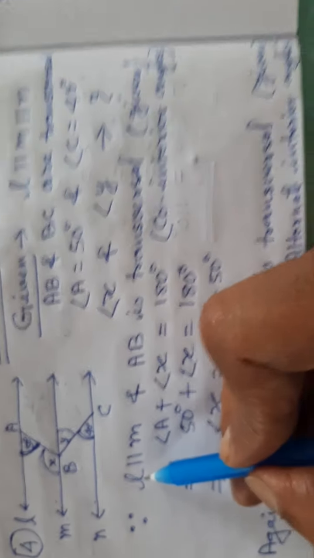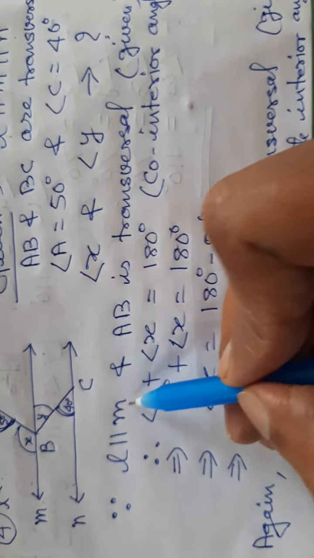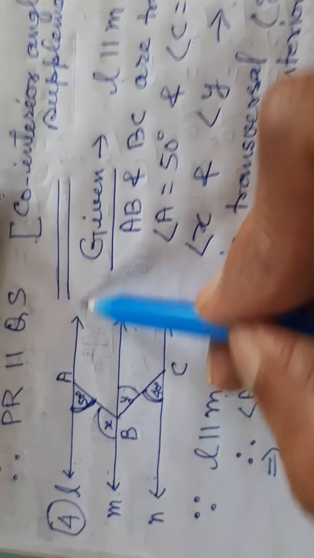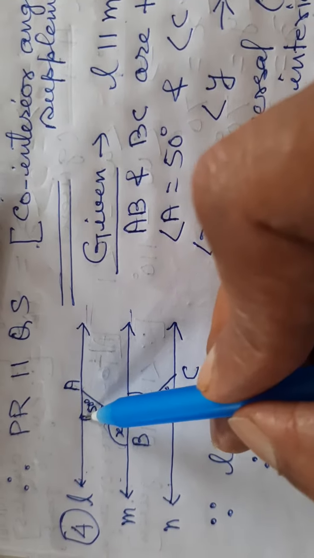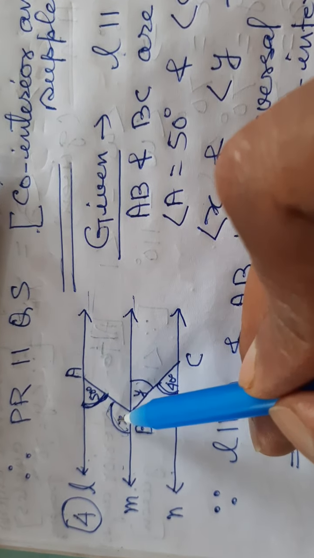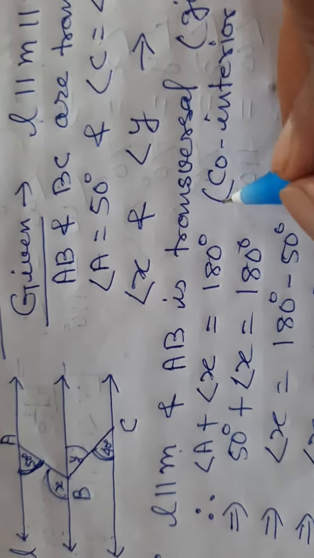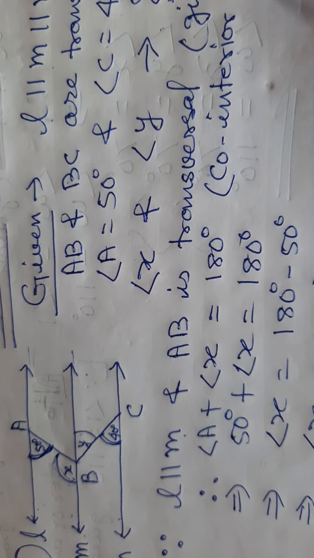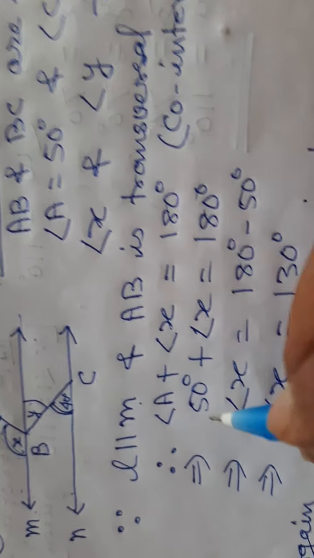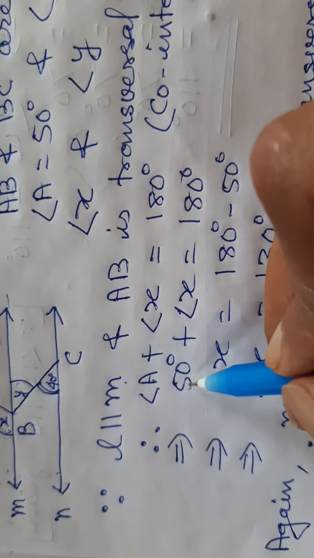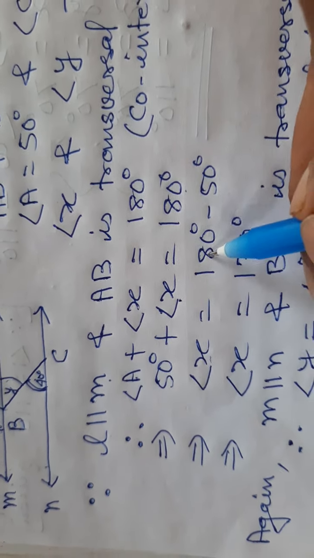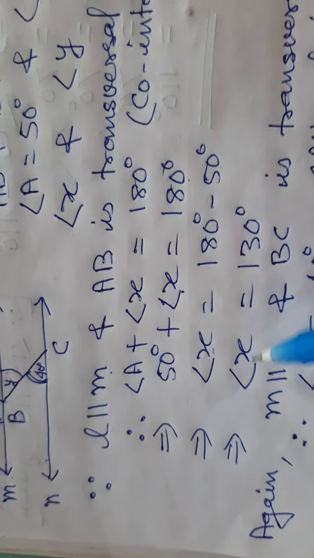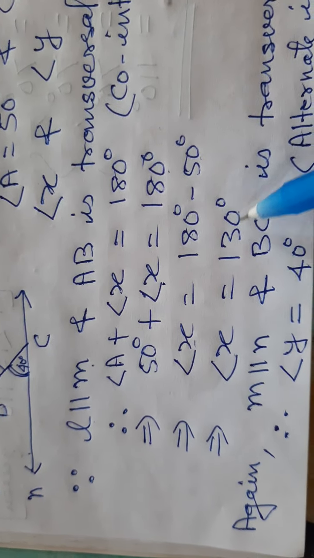Since L parallel M and AB is a transversal, angle A plus angle X is equal to 180 degrees. Co-interior angles are supplementary. Angle A 50 plus angle X is equal to 180, X is equal to 180 minus 50, angle X is equal to 130 degrees.